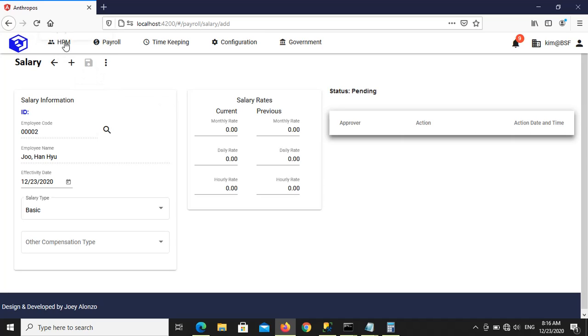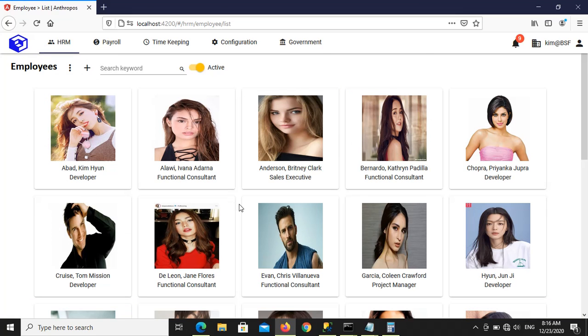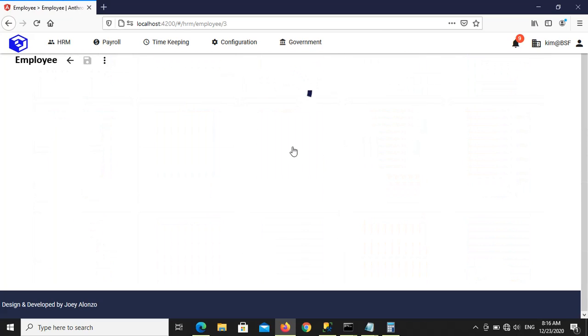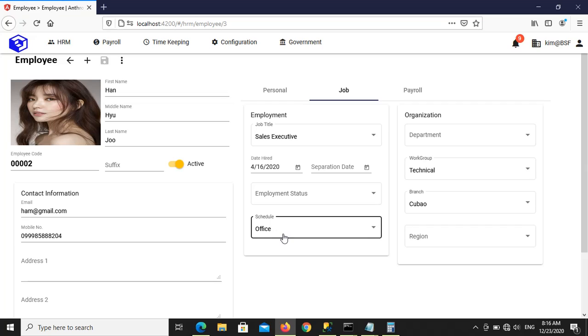To determine the working days per year for each employee, for example Ju Han Yu, there is a schedule. The schedule for Ju Han Yu is office.